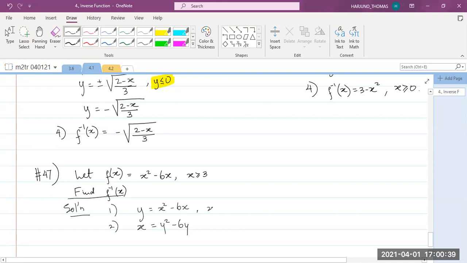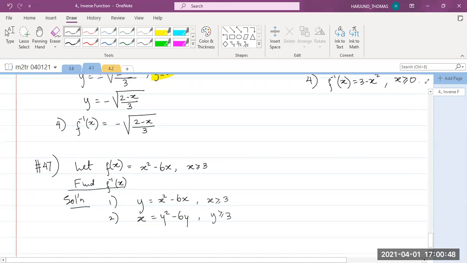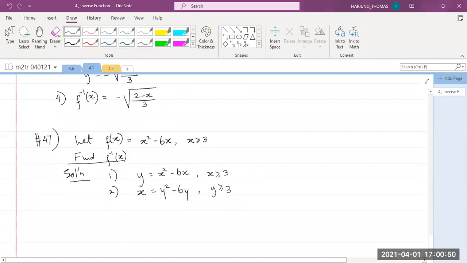So originally the restriction is x at least 3. Now the restriction becomes y at least 3. Now I solve for y. I think I can do completing the square here. So x plus 9 equals y squared minus 6y plus 9, where y is at least 3.